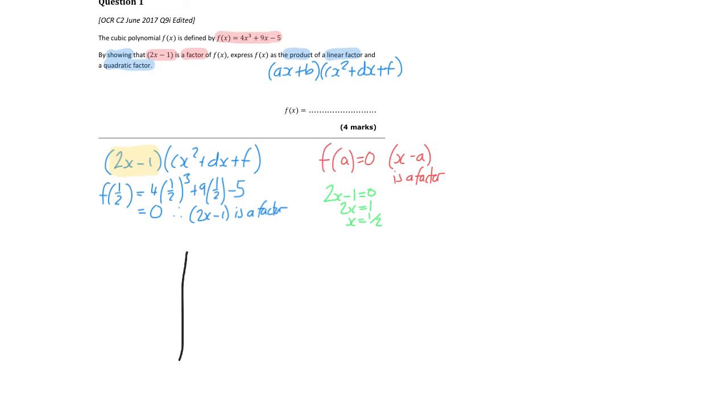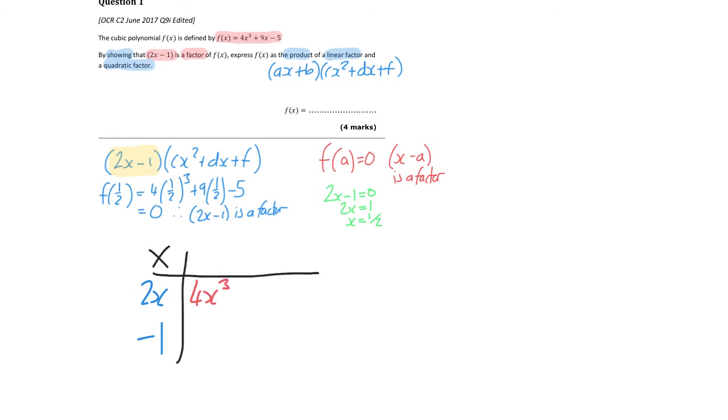So I draw my grid, and remember, I would put my factors on the outside from when we do multiplication with the grid. On one side, I'm going to put 2x minus 1, and at the top, I'm hopefully going to get my quadratic factor. The middle bit should be my cubic. I'm going to start off by putting the first term in, so 4x cubed.